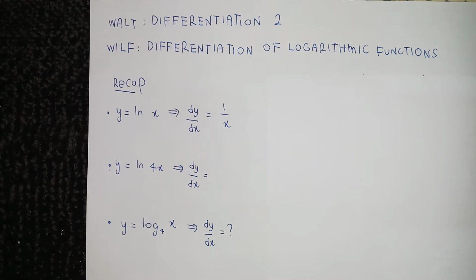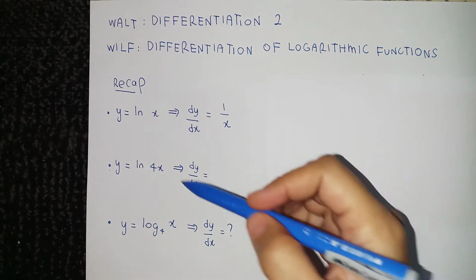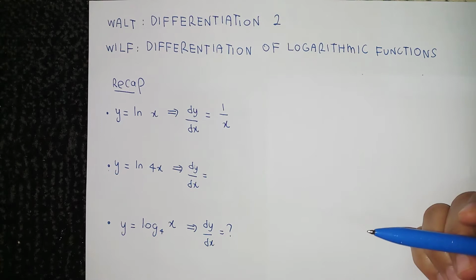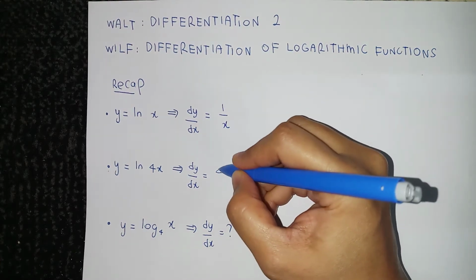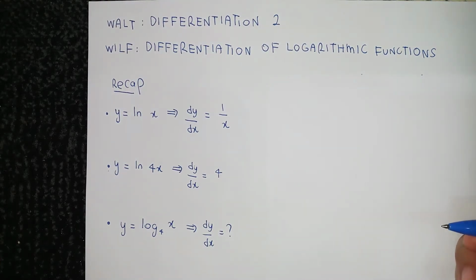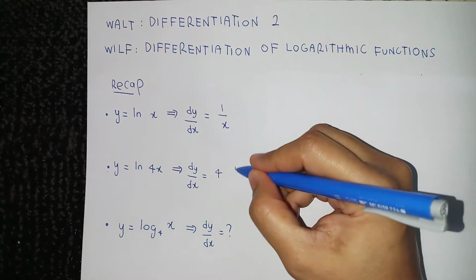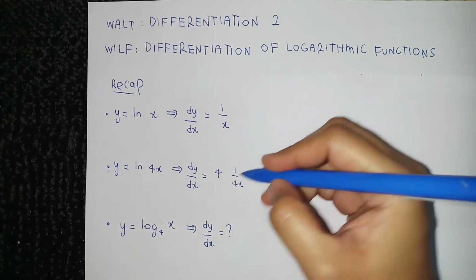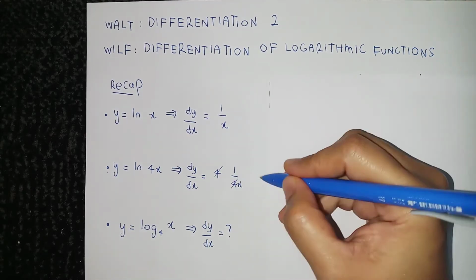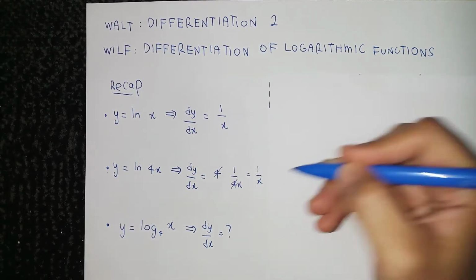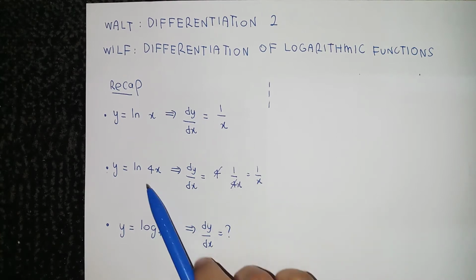Remember, when you differentiate ln, you differentiate the terms at the back, which gives 4. Then you do 1 over all the terms, which is 1 over 4x in this case, so the 4 can cancel and you will only have 1 over x. That is the differentiation of ln 4x.